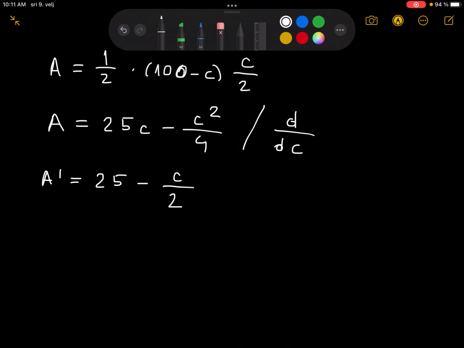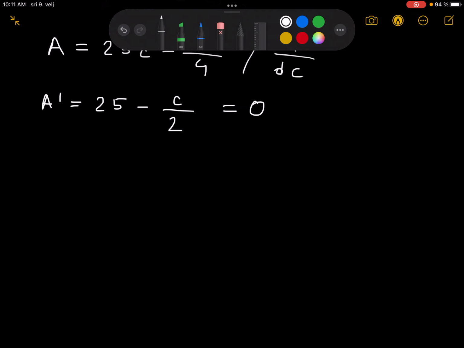And if we set this equal to 0, which is one of the conditions that must be met in order for there to be an extreme, then we'll get that C is equal to 50. Okay, C is equal to 50. So we've got our stationary point.